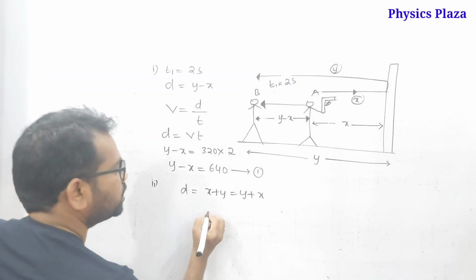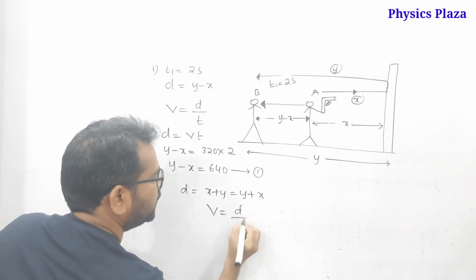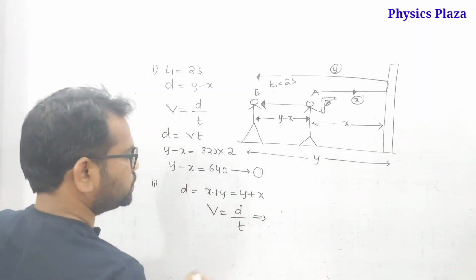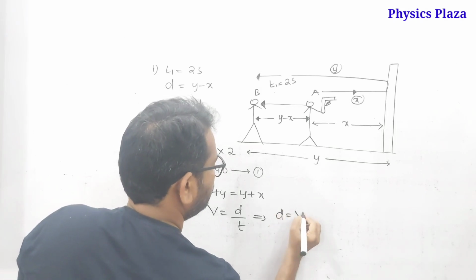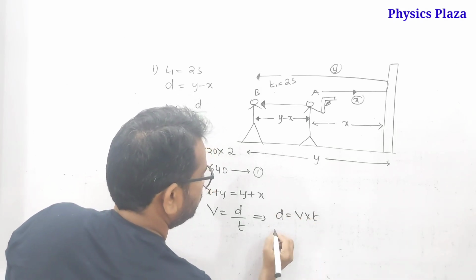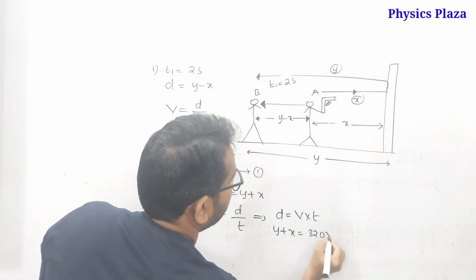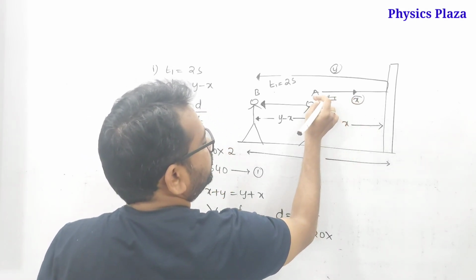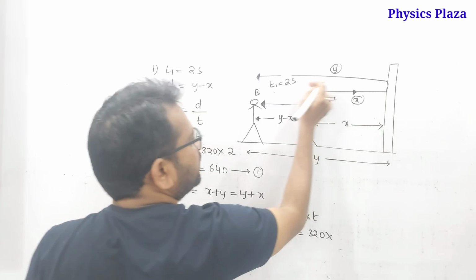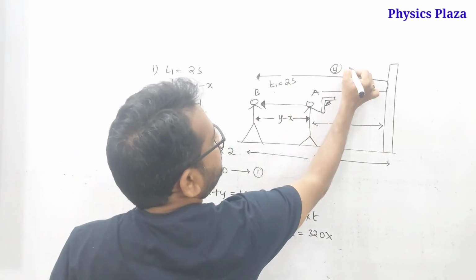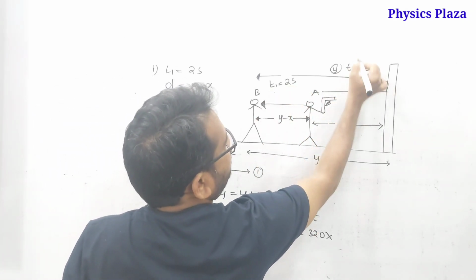Now the same concept, v is equal to d by t, so d is equal to v into t. So d is y plus x, and v is 320. In the second case, the sound goes towards the cliff and comes back to person B. The time taken is given as 3 seconds.